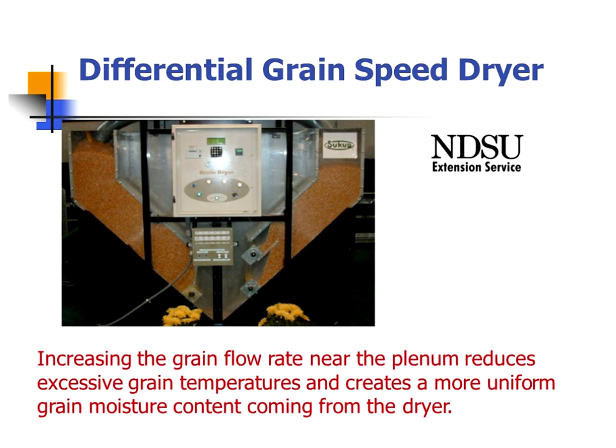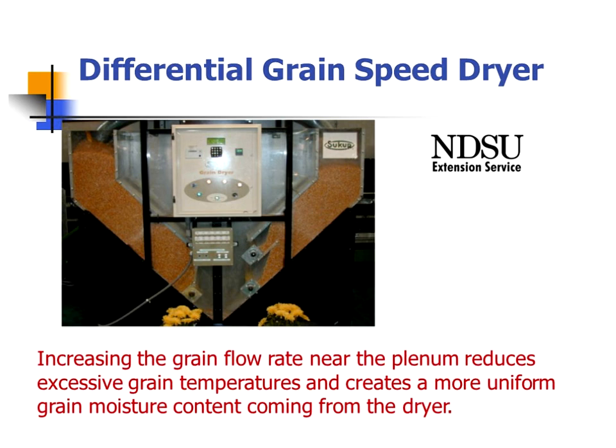Now there's other options that are being done by different companies that attempt to get that same result. This is a dryer where they use multiple metering rolls, and so they're removing the corn from the inside of the column much more rapidly than the corn on the outside of the column.